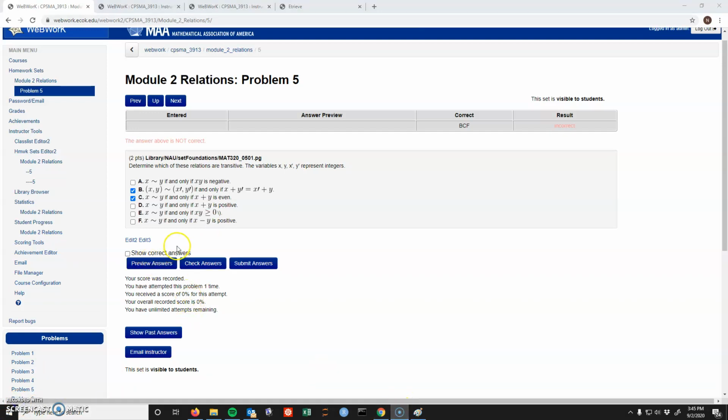Sorry, I hesitated there for a moment because I was thinking this one was transitive, and this equal sign actually throws the whole game off.